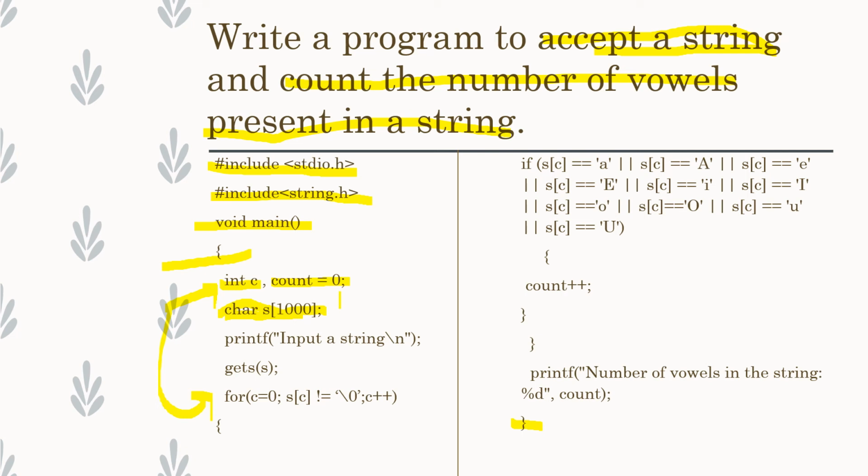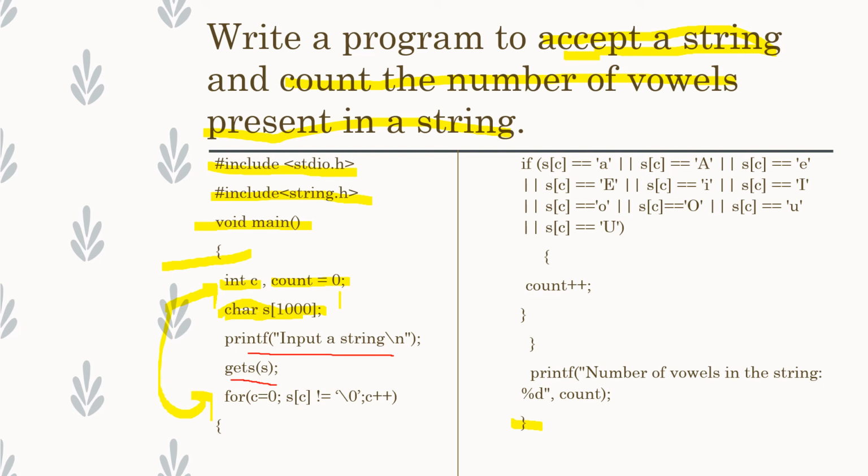It's clearly mentioned in the program that I have to accept a string and count the number of vowels. So for accepting, I'm just printing one message, input a string. I can write any message here. Then I'm scanning it with the gets function.